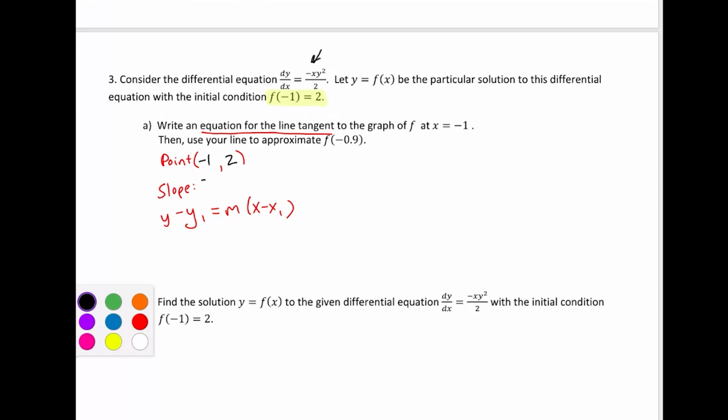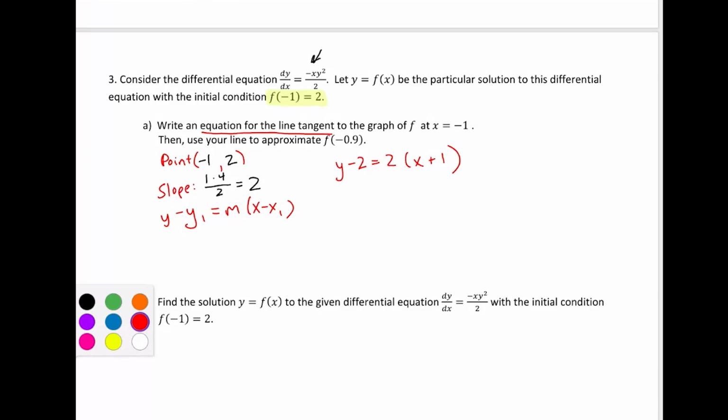So negative 1 is actually going to end up being positive 1 times y squared. Now y is 2 here, so 2 squared is 4 over 2. Now 4 divided by 2 is 2, so my slope is going to be 2. Now I'm ready to write my equation. Y minus 2 equals 2 times x plus 1.